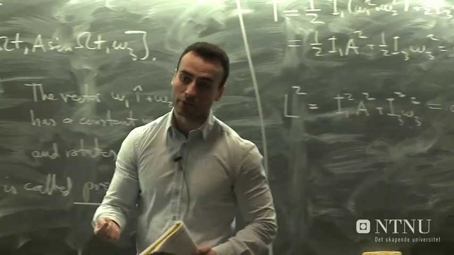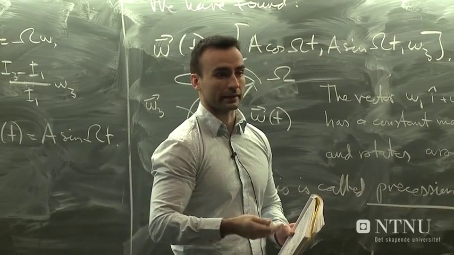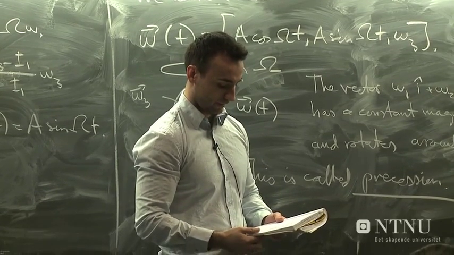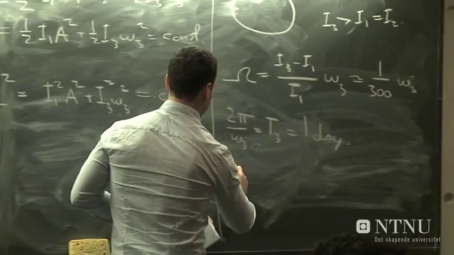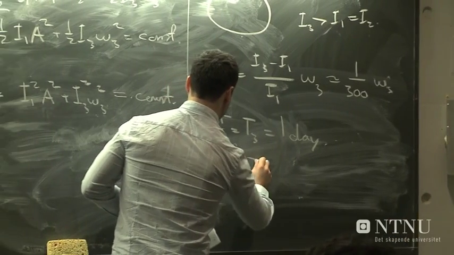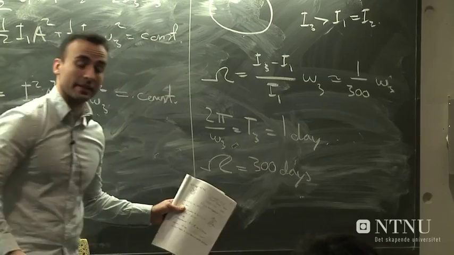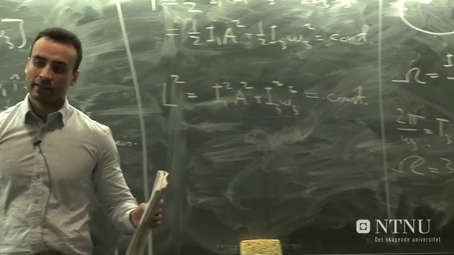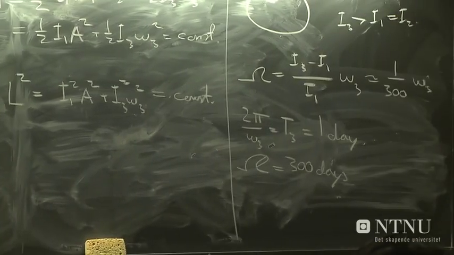So it's a quite small effect, but it's still there if we can neglect any external torques acting on the Earth. And yeah, let me write that. One has actually measured this effect, and what one came up with was 440 days.